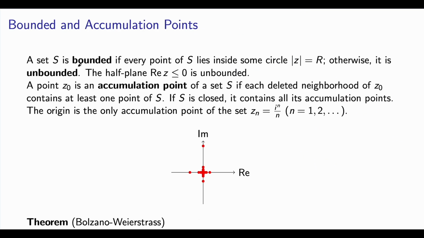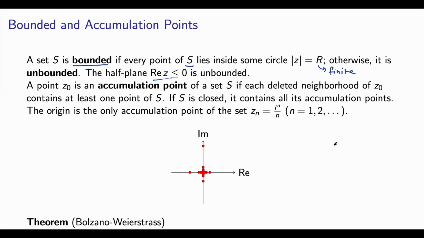Okay. So now let us talk about a bounded set. A set is said to be bounded if every point of that set lies inside some circle |z| = r, where r is a finite radius, right? Otherwise it is unbounded. So let us see this example.